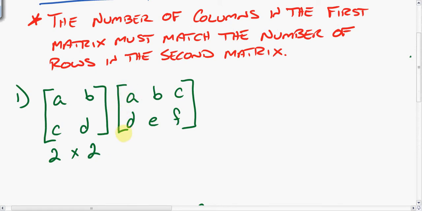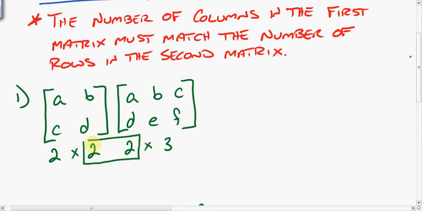What are the dimensions of the second matrix? Well, it's still rows by columns. So we have 2 rows by 3 columns. So it's 2 by 3. The number of columns in the first matrix must match the number of rows in the second.